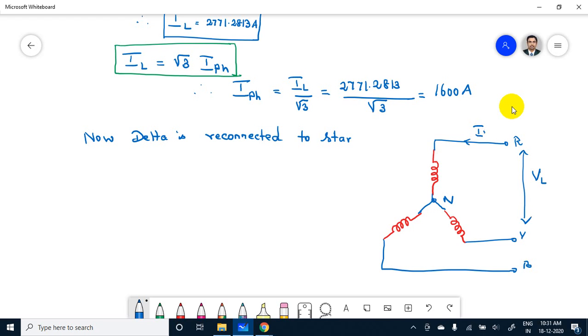This is IL. The current flowing inside the winding will be the phase current.